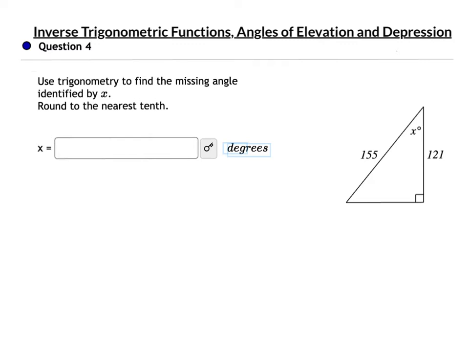Question 4. We're looking for an angle. That means we're going to use the inverse function. We still remember SOHCAHTOA. Let's figure out the ratio. X, our point of reference, right here. 121 is the adjacent. 155 is the hypotenuse.